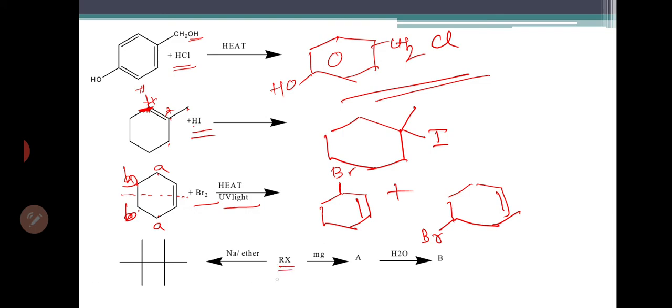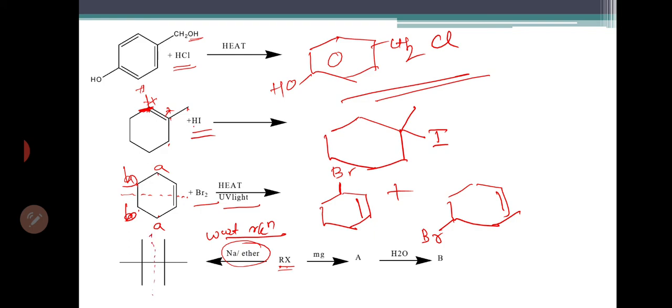Now next, this one, RX, then sodium ether. Sodium ether means this is the Wurtz reaction. Whenever you do the Wurtz reaction, you'll get an alkane with double the number of alkyl groups, so double the number of carbon atoms.